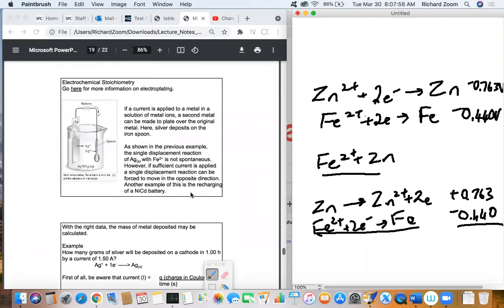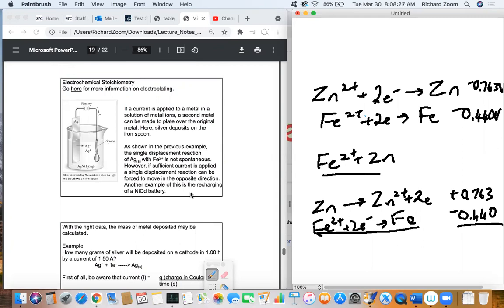So a lot of you may be aware of the concept of electroplating, and that is the process by which we take a metal and then we plate another metal on that metal using electrochemical means. So in this instance, I've got a picture of a spoon, which is iron, or stainless steel or something. And then we've got a silver metal bar attached to that spoon via a battery.